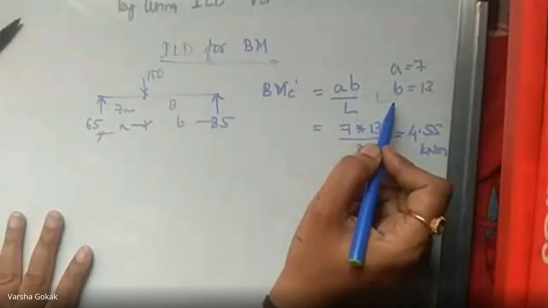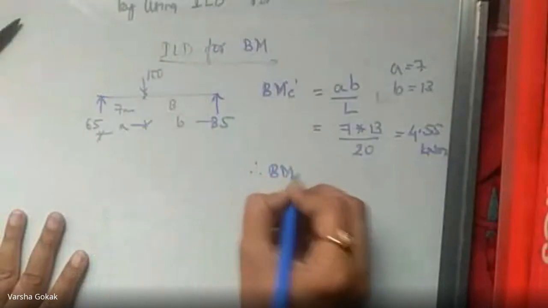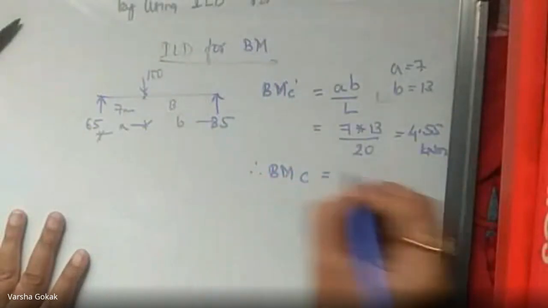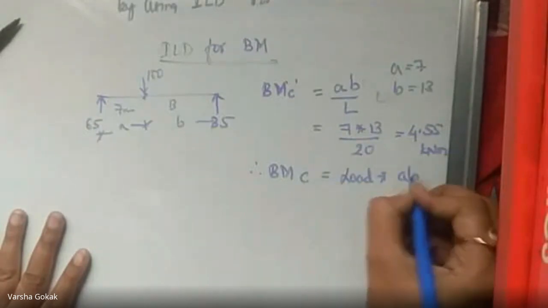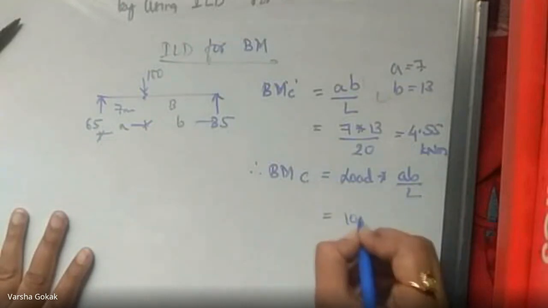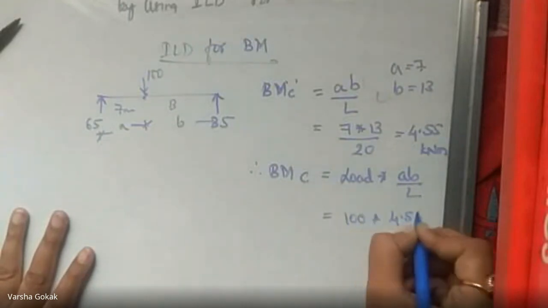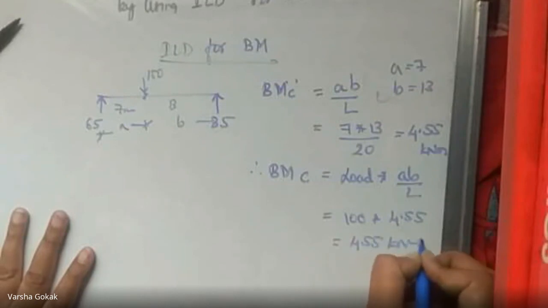Therefore, in our present case, with 100 kilonewton, the bending moment at C is equal to the load into AB by L, the value we have got. That makes it 100 into 4.55, nothing but 455 kilonewton meter.